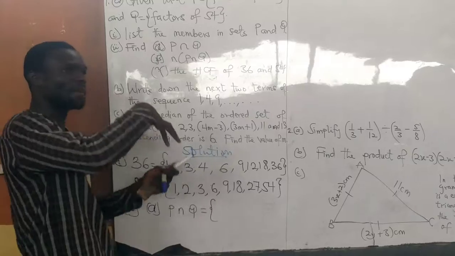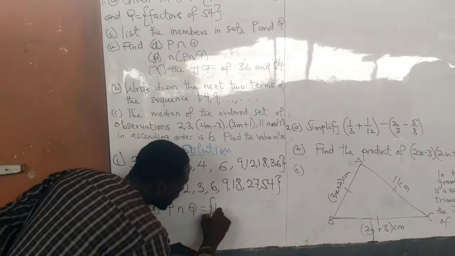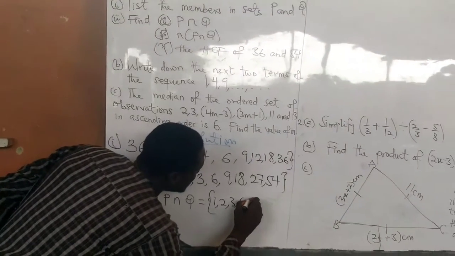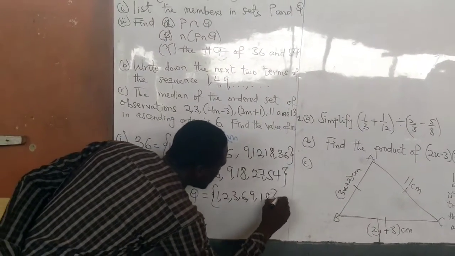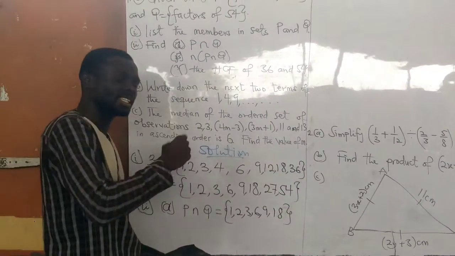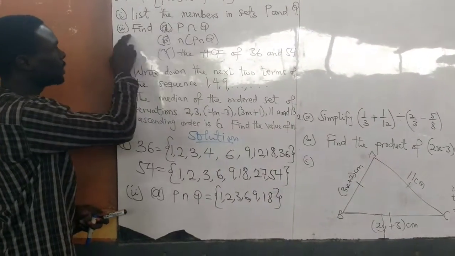So they are the P intersection Q elements. So you write that down: 1, 2, 3, 6, 9, and 18. So you have this as the P intersection Q. That's the first thing you have been asked to do for the II.